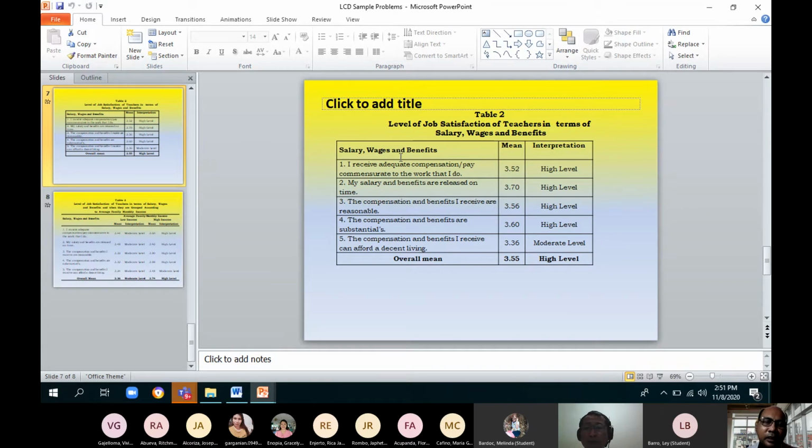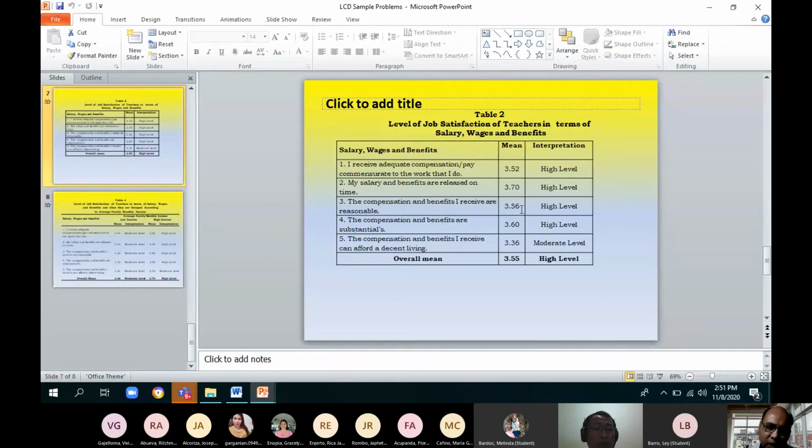Okay. Mag-discuss ng table, try to check the highest and the lowest mean and the overall mean. Meaning, mag-discuss ka ng table. For example, kung 5 items, ang kukunin mo only the highest, the lowest, and the overall mean.